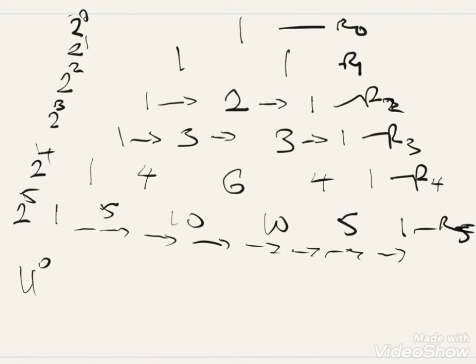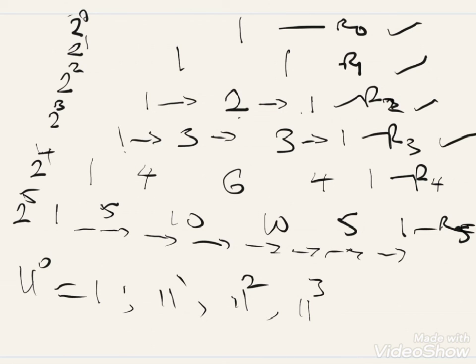For instance, 11 raised to the power 0 is 1; we find that at our row 0. 11 raised to the power 1 is 1, 1, that's 11; we find that at row 1. 11 raised to the power 2 is 1, 2, 1, at row 2. 11 raised to the power 3 is 1, 3, 3, 1, at row 3. 11 raised to the power 4 you can find in row 4: 1, 4, 6, 4, 1.